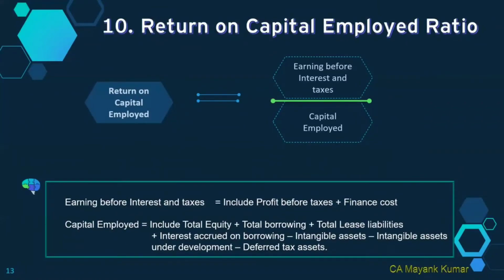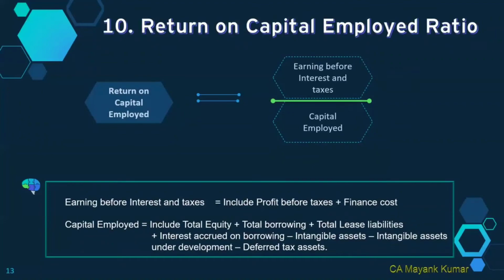Earning before interest and taxes includes profit before tax plus finance cost. But capital employed, it is quite a lengthy formula. The formula includes total equity plus total borrowing plus total lease liability plus interest accrued on borrowing less intangible assets, less intangible asset under development, less deferred tax assets.